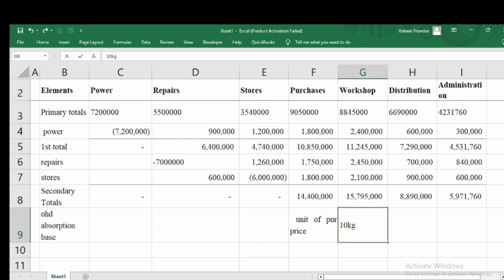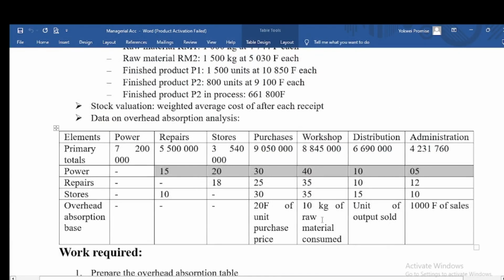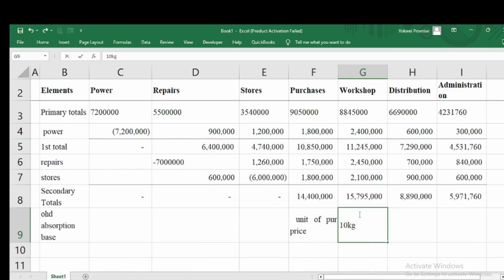This I hope you are seeing in your question. 10 kg of raw materials consumed.